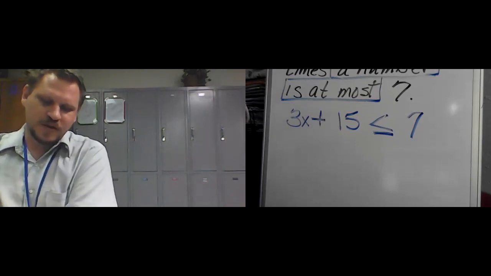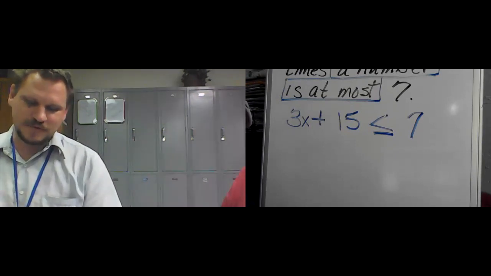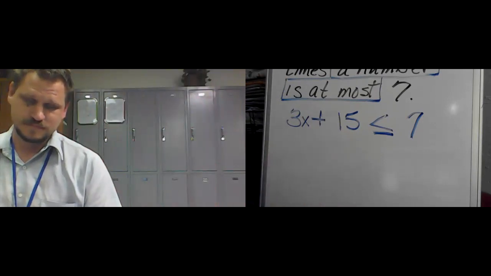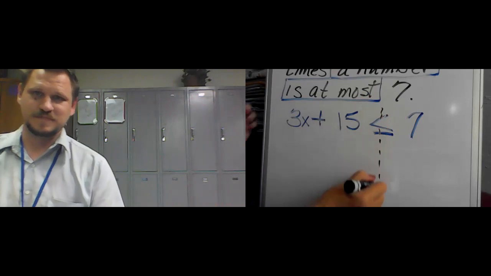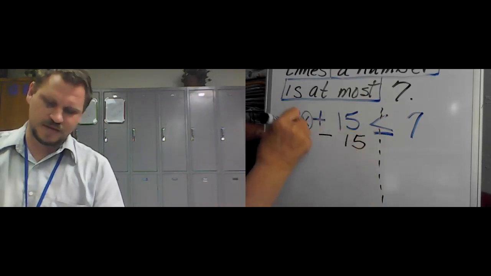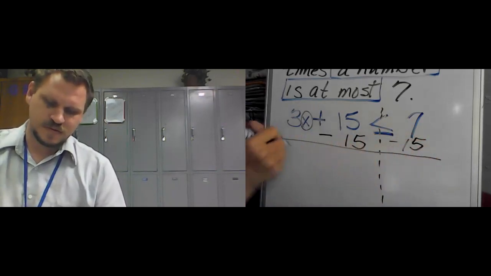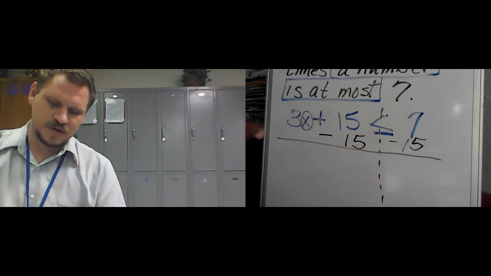Okay, do we need to solve it also, or are you okay? For that one, I think I might be able to do it. In looking at it, the first thing I need to do is get rid of the 15. Okay, so you just talk me through this then. We're going to draw a line.